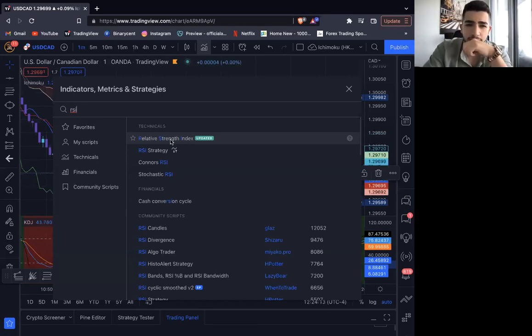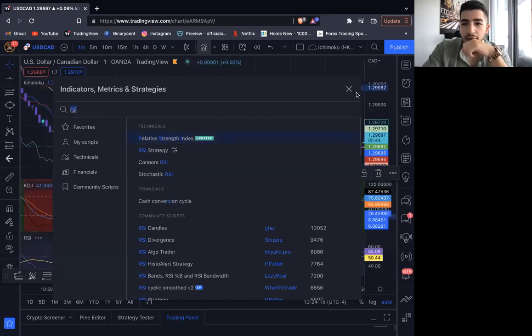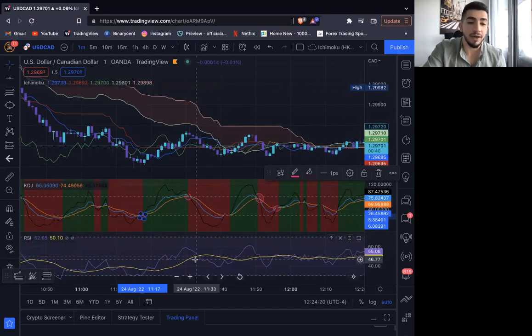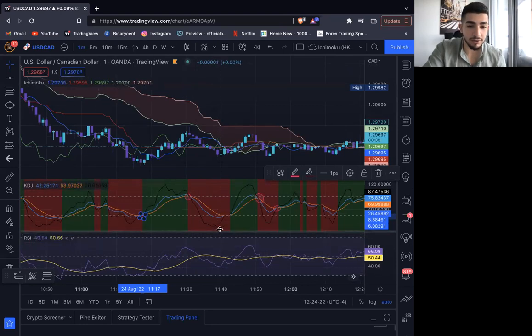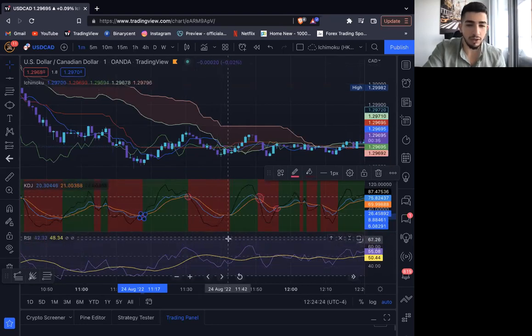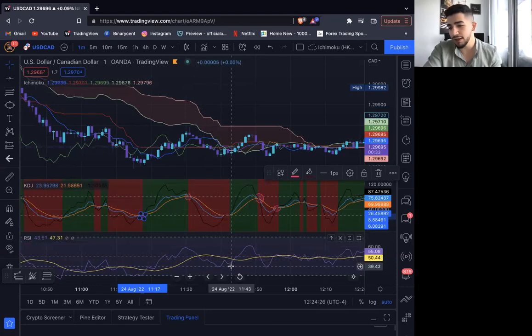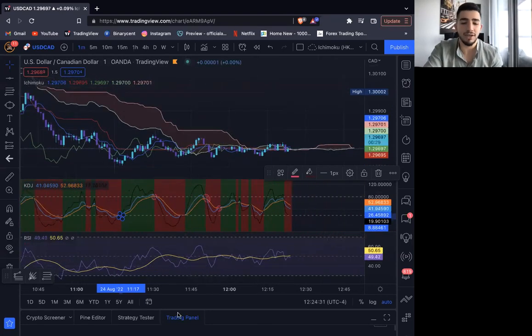You can use it everywhere. If I click this, now I have a third sentiment on my chart, right? Now I have this purple line and so on. Don't worry, I'm going to teach you guys how to read this, okay?